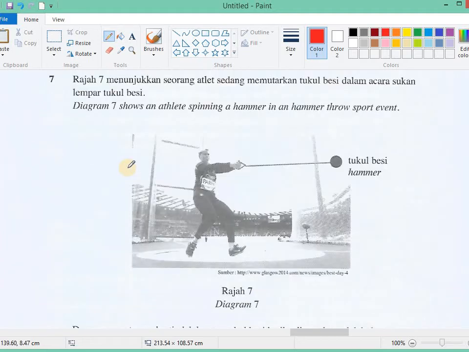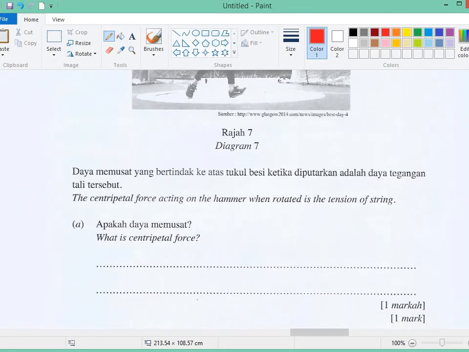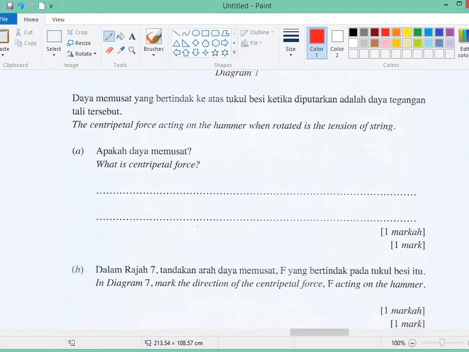Diagram 7 shows an athlete spinning a hammer in a hammer throw sport event. The centripetal force acting on the hammer when rotated is the tension of the string. So what is centripetal force?